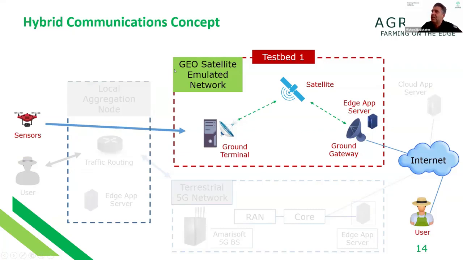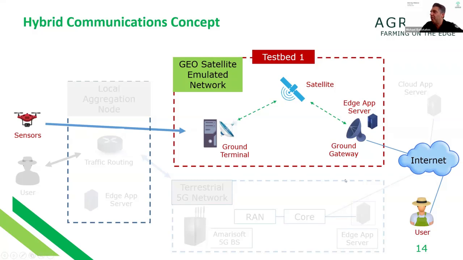Actually, this system is an emulation. It is not a real satellite. We have an emulated software. It is called OpenSand, and it consists of three nodes: the ground terminal, the satellite, and the ground gateway. Here in the ground gateway, we also have connected an application server, and this is considered the edge for this testbed.